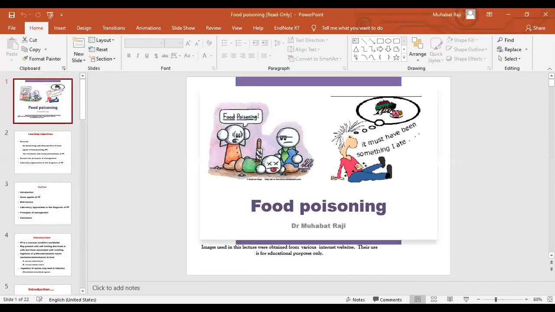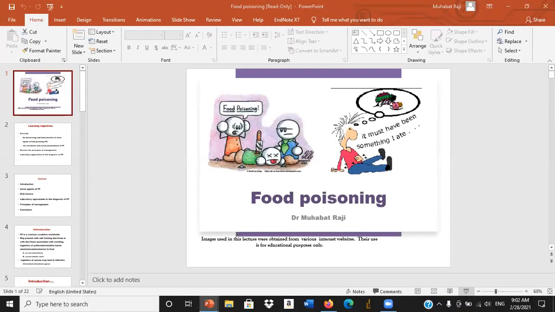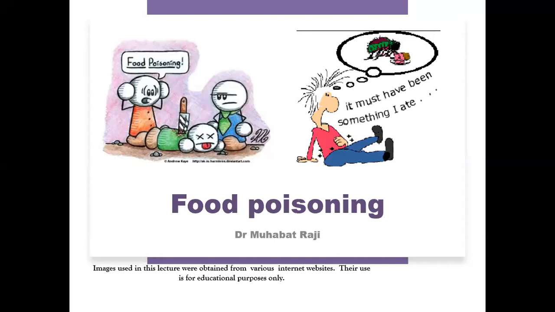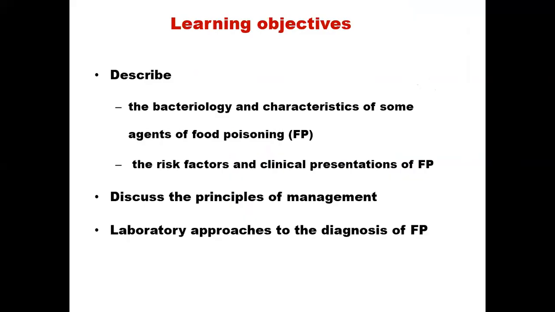So good morning, everyone. Today we are going to be discussing food poisoning and Helicobacter pylori. I'm going to start off with food poisoning. And these are the learning objectives.